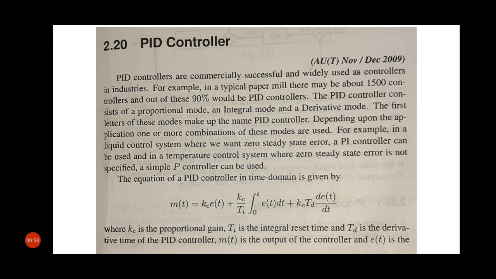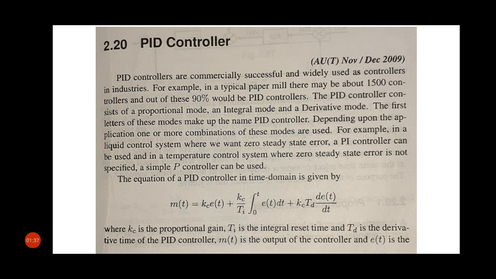The first letters of these modes make up the name PID controller. Depending upon the application, one or a combination of these modes is used. For example, in a liquid control system where we want zero steady state error, a PI controller can be used, and in a temperature control system where zero steady state error is not specified, a simple P controller can be used.